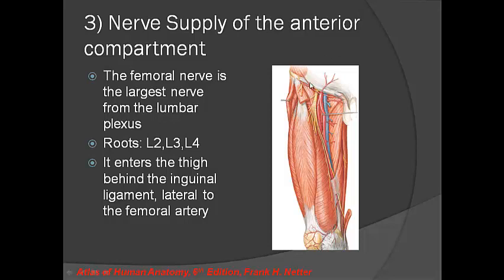So basically, behind the inguinal ligament, I have three major structures passing into the thigh. I've got the femoral vein, I've got the femoral artery, and then lateral to the femoral artery, you're going to have the femoral nerve, which is the major nerve supply to the anterior compartment of the thigh.